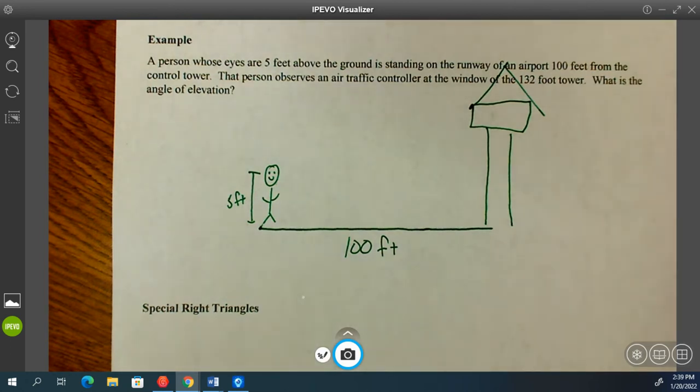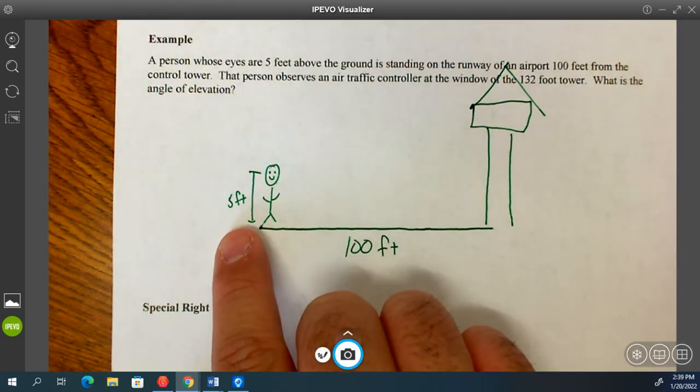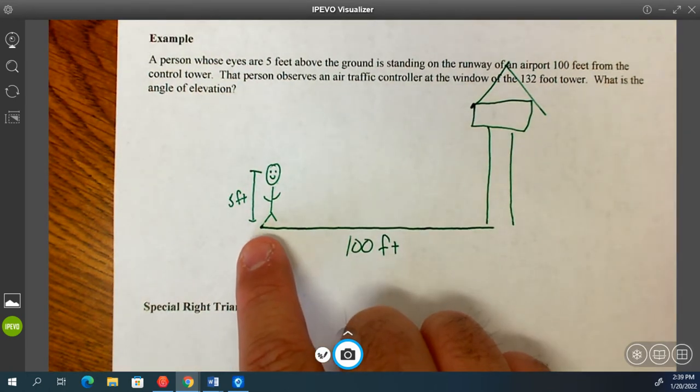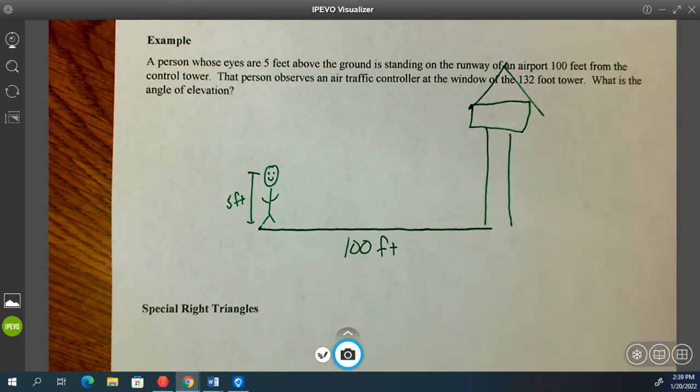So the first sentence: a person whose eyes are 5 feet above the ground is standing on the runway of an airport 100 feet from the control tower. It doesn't have to be fancy. You can draw a line or whatever.